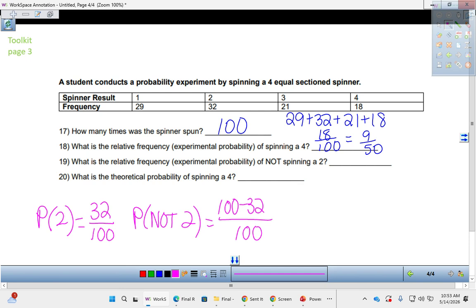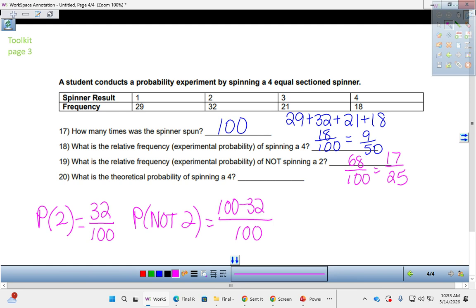That would be an alternative. So we would get the same number that way. So this is 68 out of 100. What does that reduce to? So that's the idea of complement probability when you see that word not.